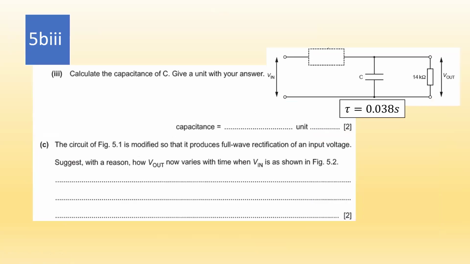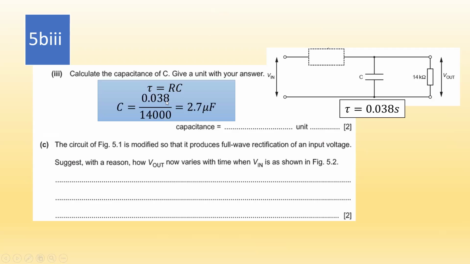Calculate the capacitance. Give the unit for your answer. How to calculate the capacitance? You calculate the time constant. What is the time constant? It's actually tau. Tau equals RC.